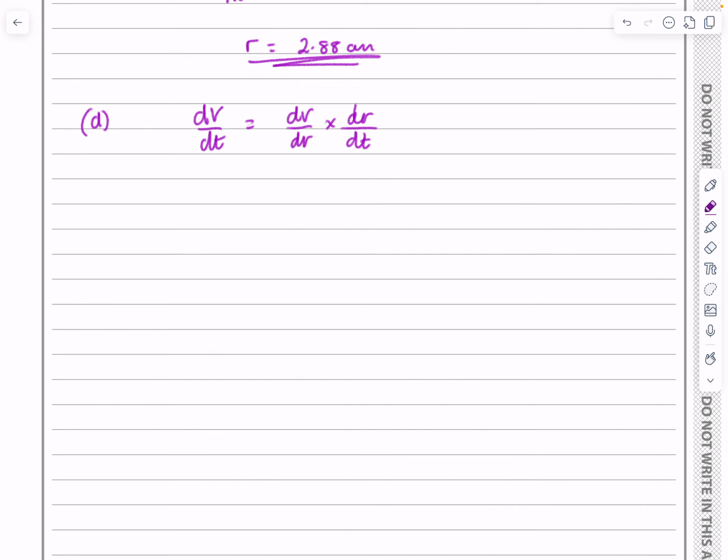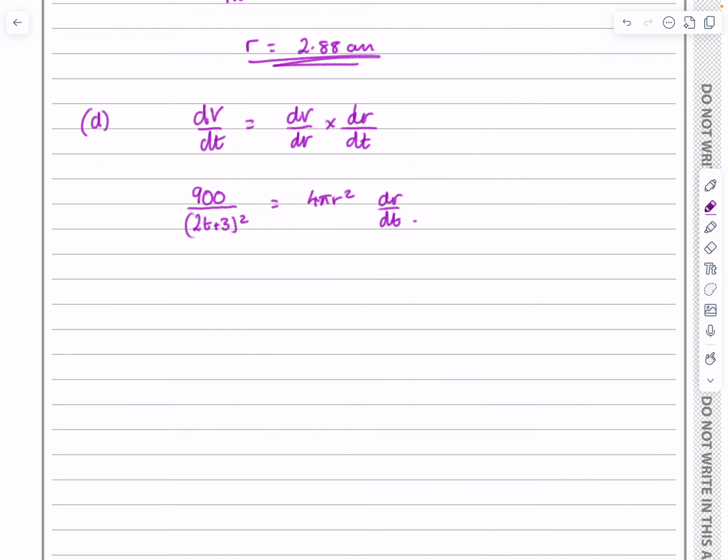At t equals 3, I think we said. So we've got 900 over 2t plus 3 squared. We've got 4 pi r squared for this bit. And we've got dr by dt. So dr by dt, I just plug everything in.